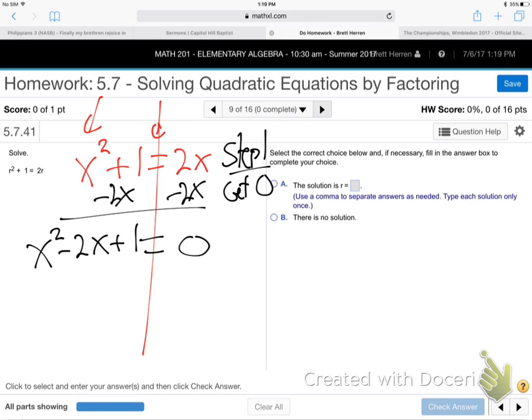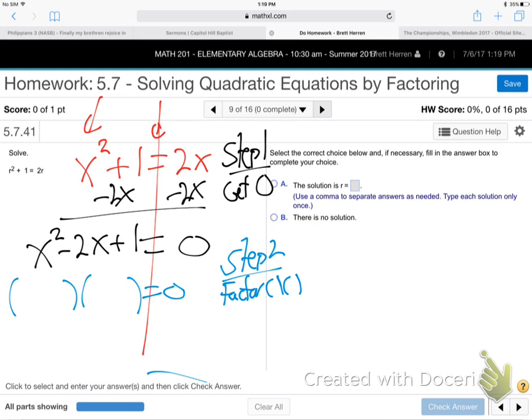Step 2. Factor. Do the parentheses. All right, what do we got?